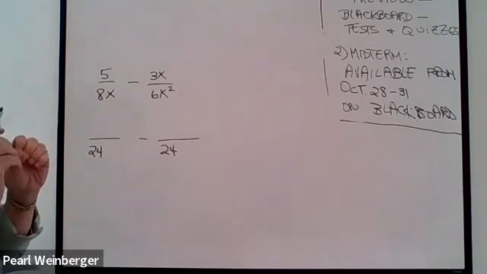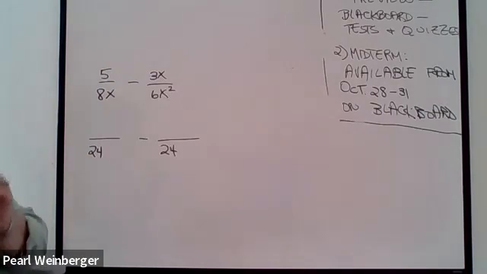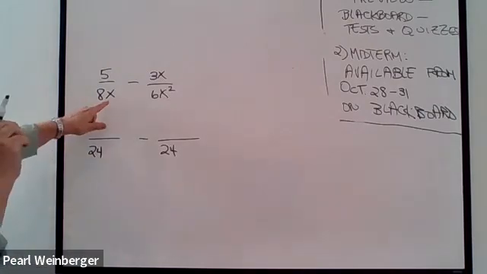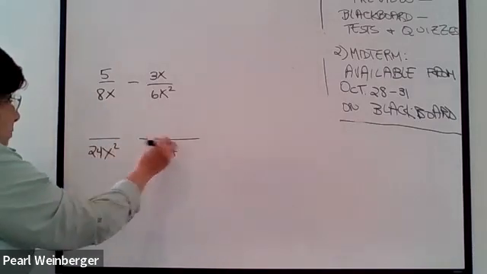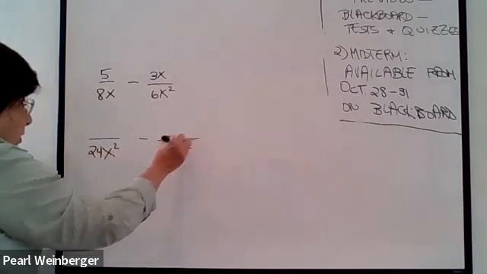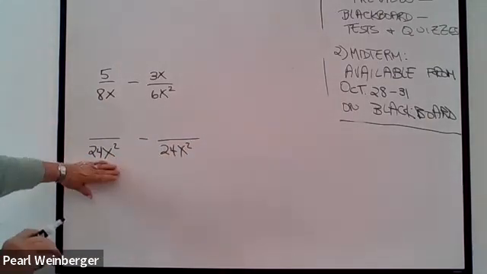Remember, we're not looking for a common factor, we're looking for a common denominator, so I can get something that both of them go into. So x squared is going to be the variable that we're going to use as our common denominator. So my common denominator becomes 24x squared.